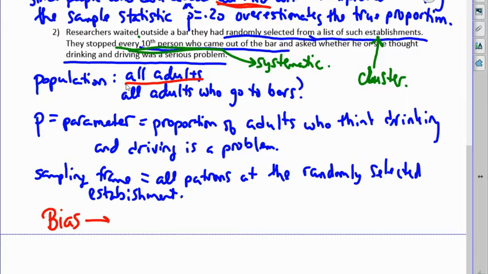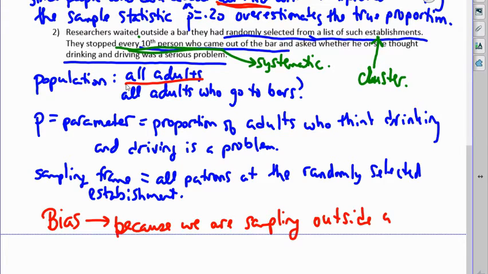because we are going to a bar, because we are sampling outside a bar, what do you think is going to happen?